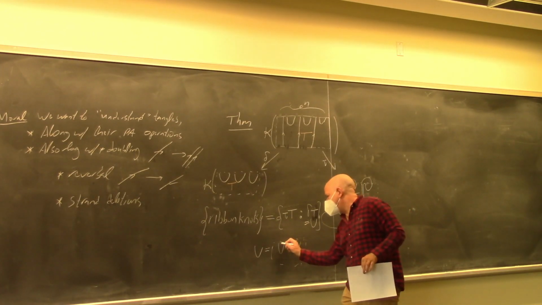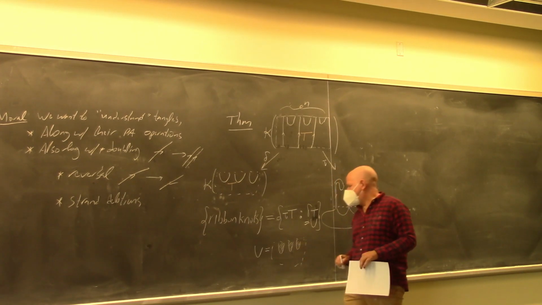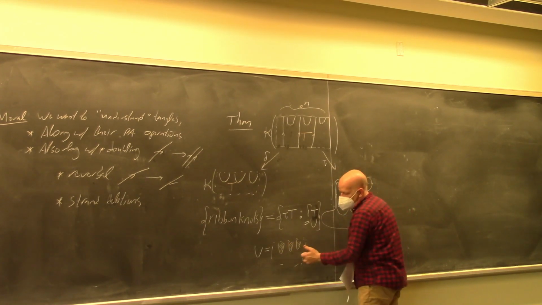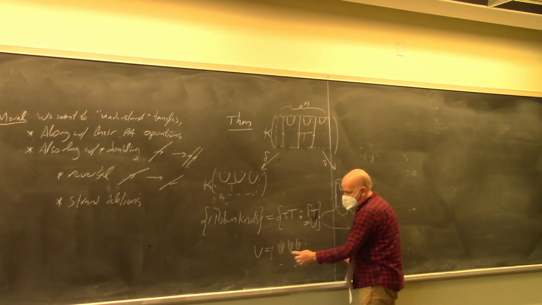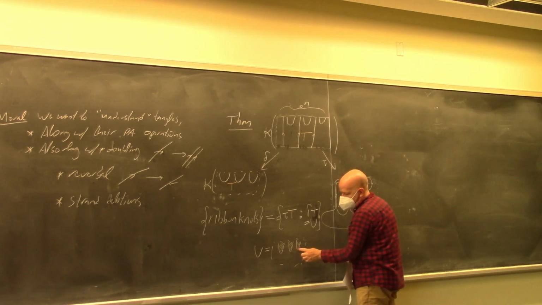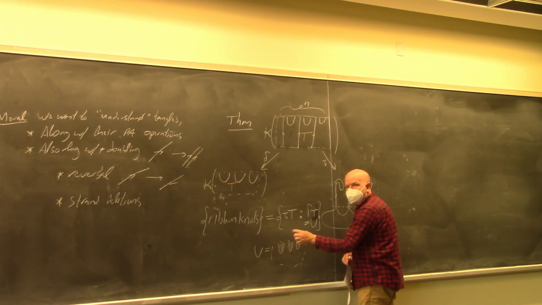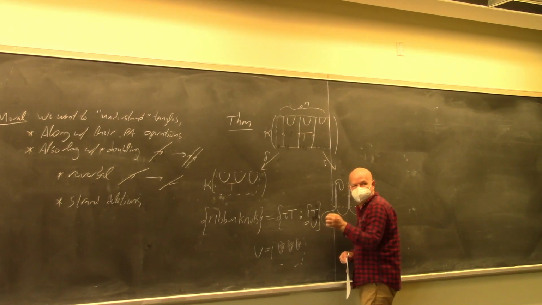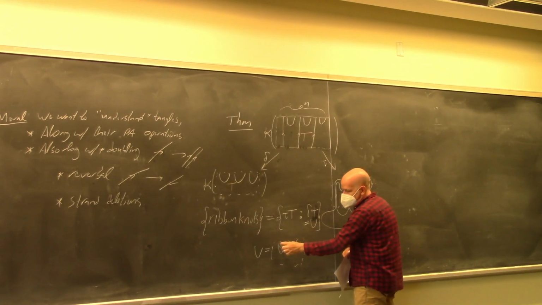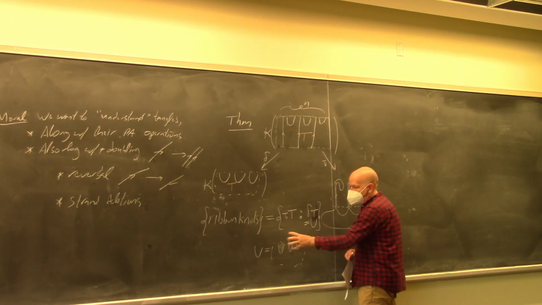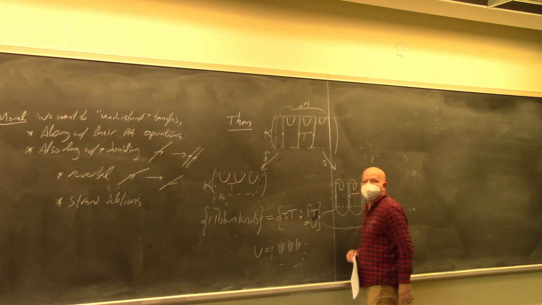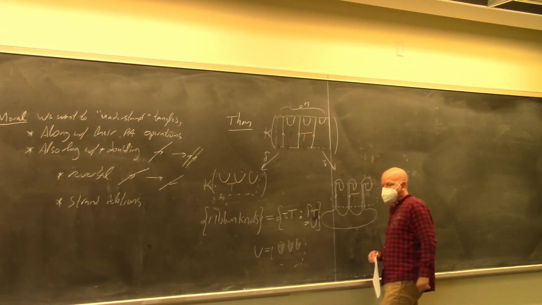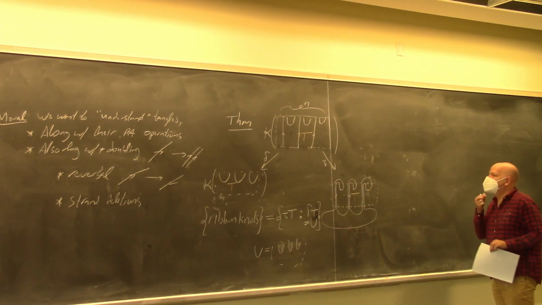Or said differently, it's this picture with the further assumption that each of these little cups bounds an embedded half disk whose equator lies on the boundary of that chunk of space. Okay? Good.